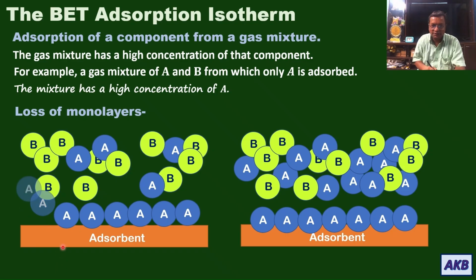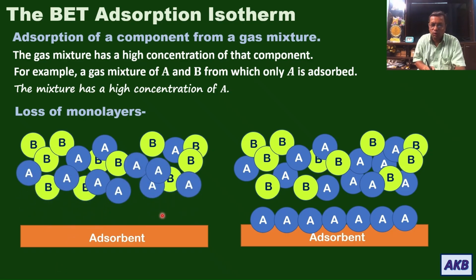First, there will be desorption of the monolayer. Once the monolayer gets desorbed, the surface becomes empty. So one way of losing the monolayer is by desorption of the monolayer.